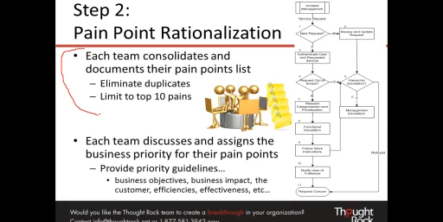Whichever way you do it, you still have to consolidate everything. You may have mentioned the same pain 2 or 3 different times, in different ways. So you want to eliminate these duplicate pains, and then come up with your top 10 pains. Because again, some people might have 20 or 30, which might be too much to deal with. You still want to capture it, but you want to at least know what the top levels are.